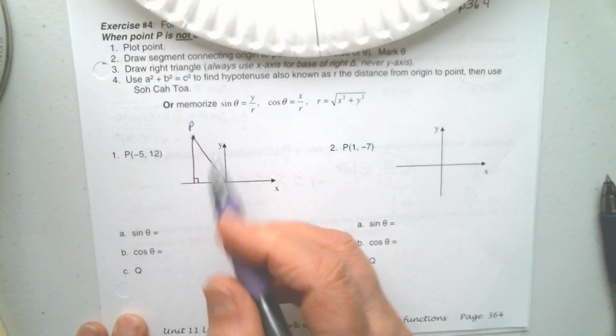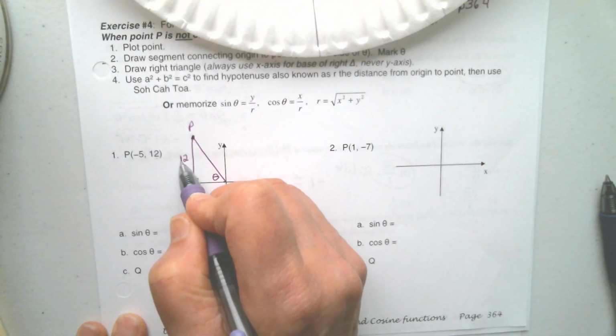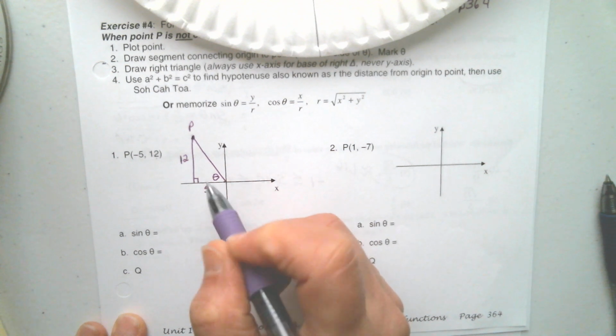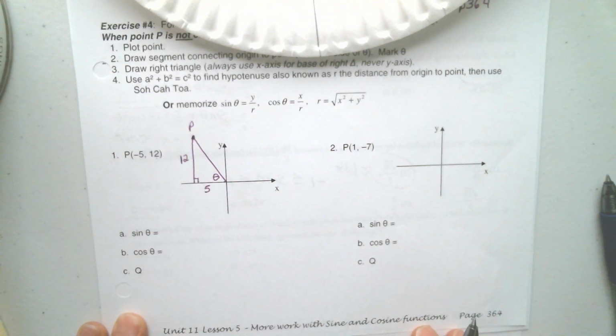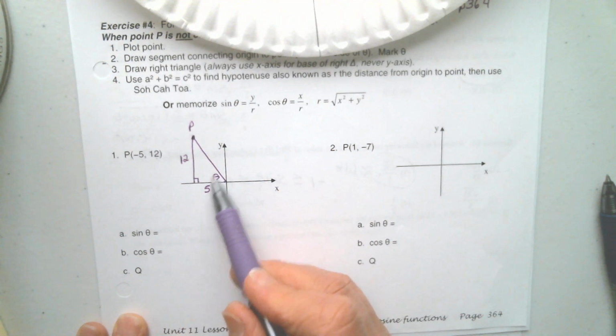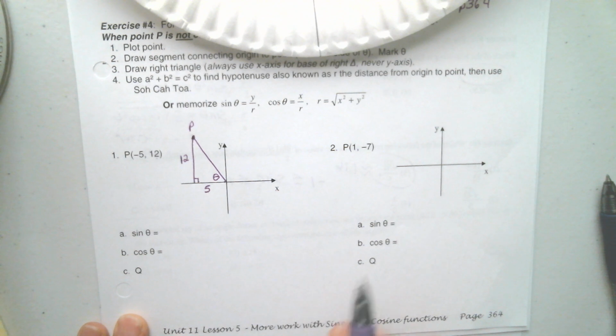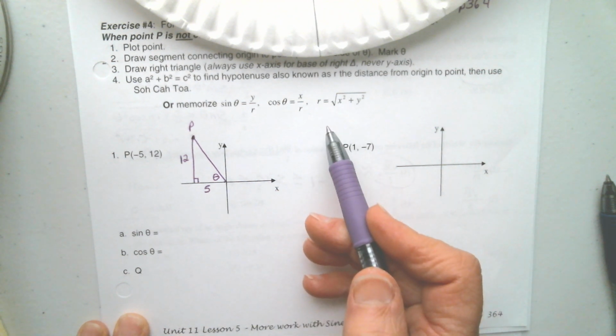The y-coordinate, 12, is the length of the side opposite, and 5 is the x-coordinate. That's our base of our right triangle, or in relation to angle theta, the length of the side adjacent. Well, what is r?